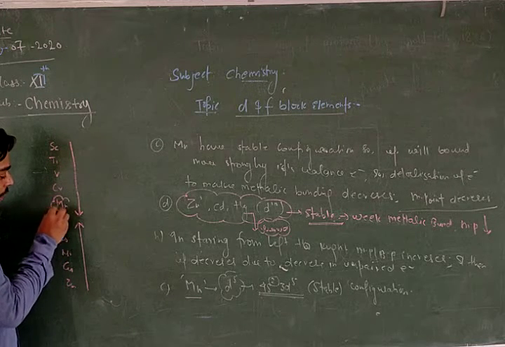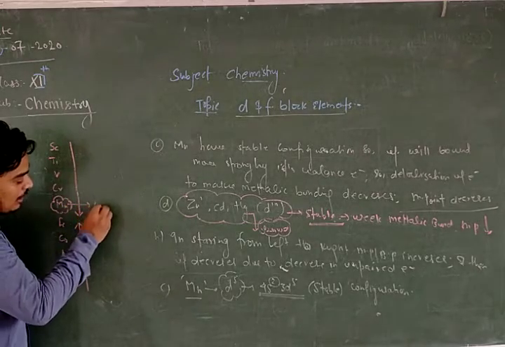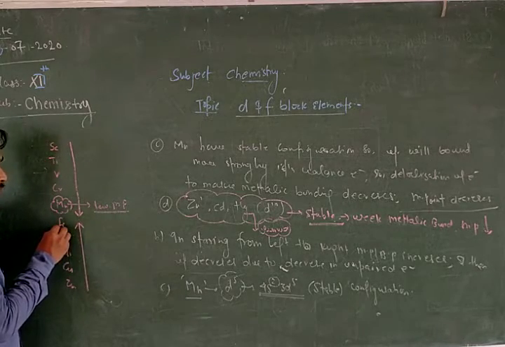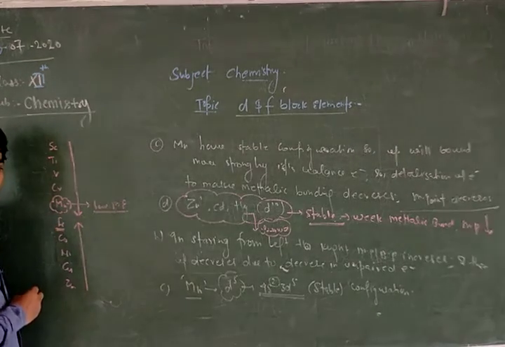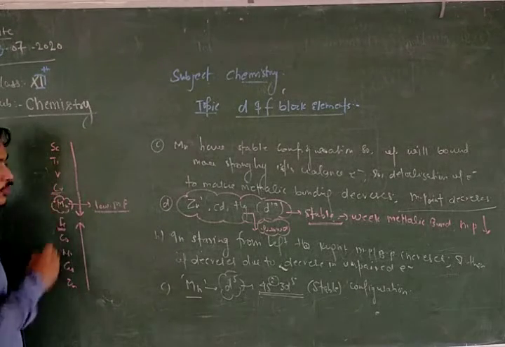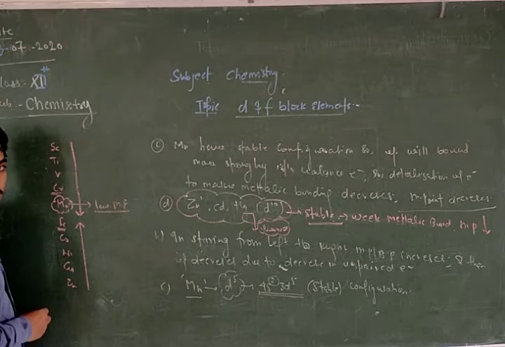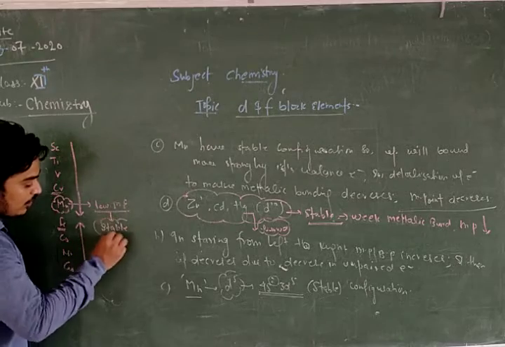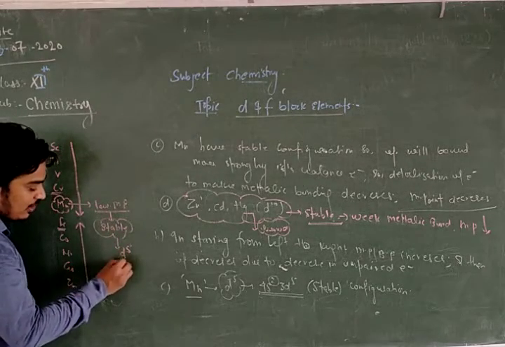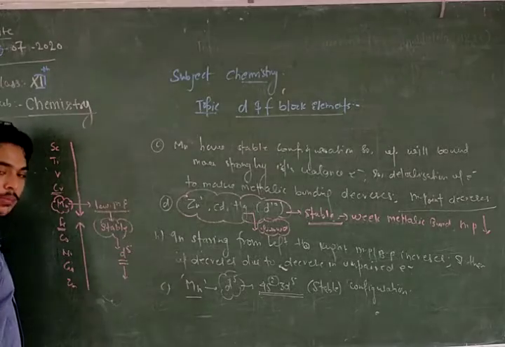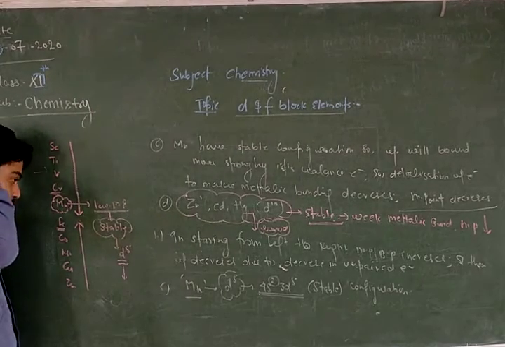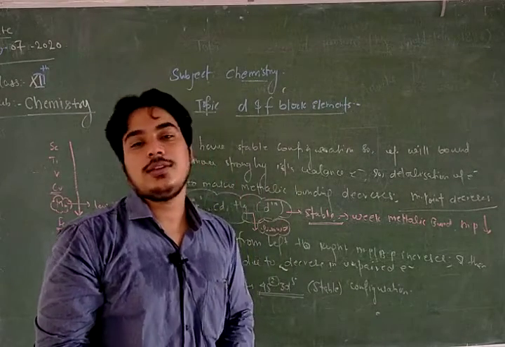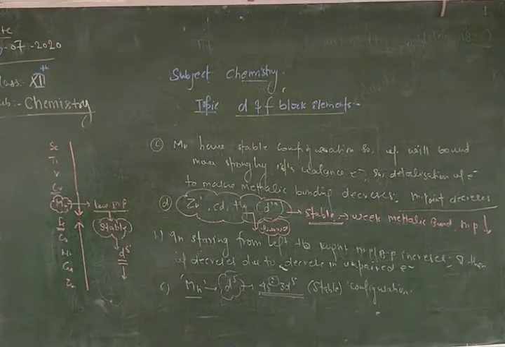In this parameter, manganese has low melting point, lower than iron as well as chromium. Why? Because it has stable configuration d5. So being d5 configuration, it makes weak metallic bonding, and if weak metallic bonding happens, then what's the next thing? Melting point decreases automatically.